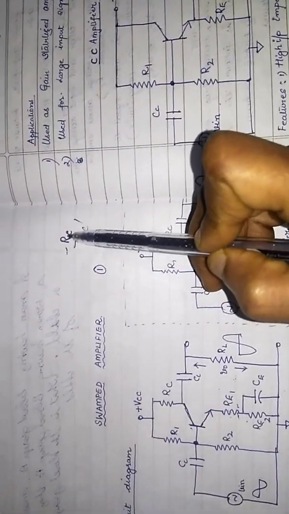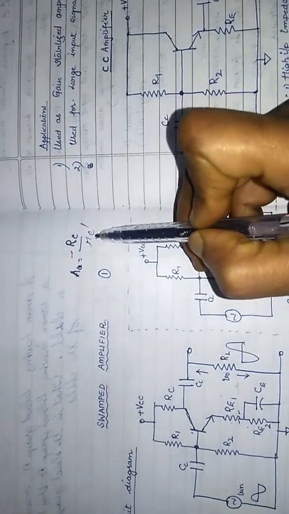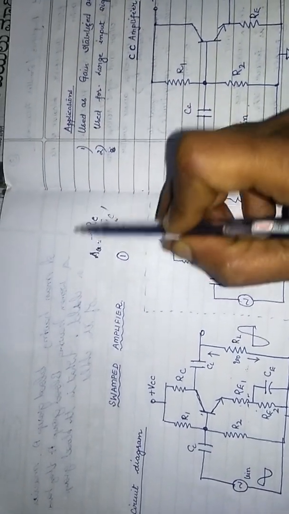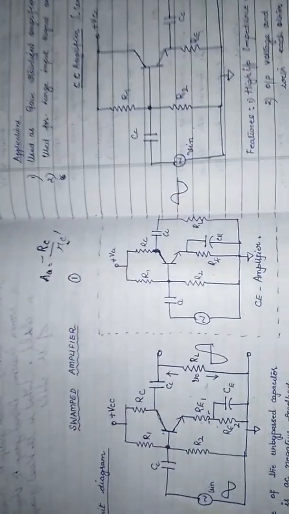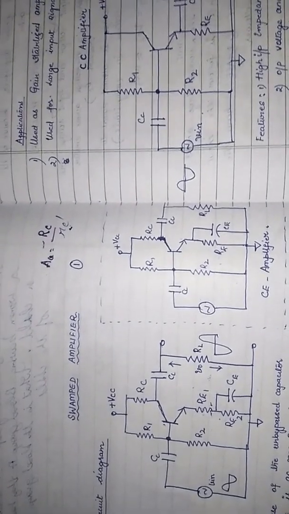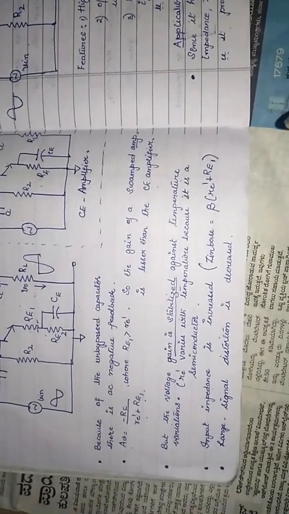Okay students, so because the expression is minus RC by RE dash, that is for a CE amplifier, RE dash will keep varying, isn't it? So if RE dash keeps varying, what will happen? The gain will also vary, which means to say that the gain of a CE amplifier is not stabilized against temperature variations. That is another disadvantage of the CE amplifier.